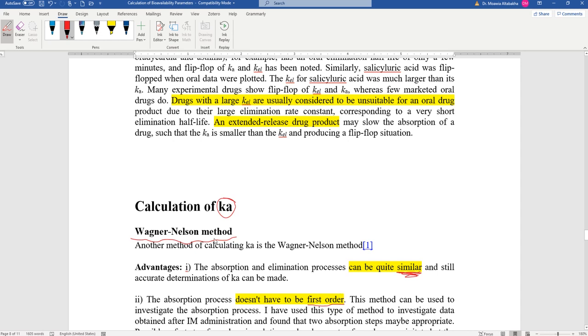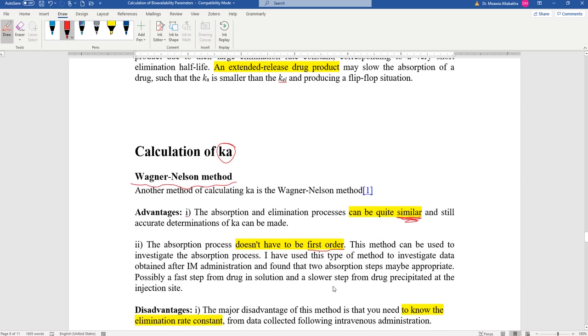Actually, this method allows you to test and find out whether your drug is getting absorbed by first order or zero order, or maybe first order followed by zero order. This is of course an advantage.